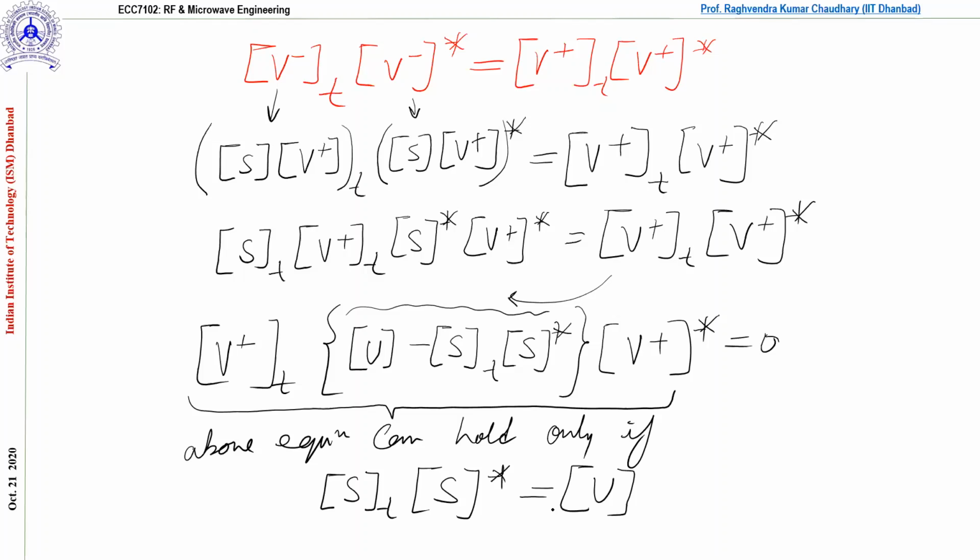Fine. And what is this? This is actually the definition of the unitary matrix. This is the definition of the unitary matrix, and we can also write these things as S star is equal to, if you bring the matrix to the right hand side, S transpose inverse.